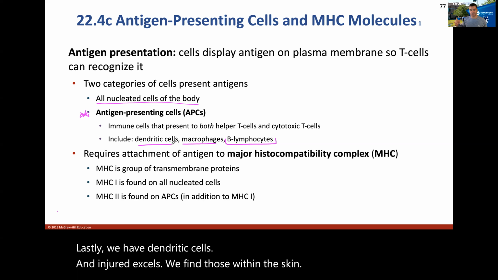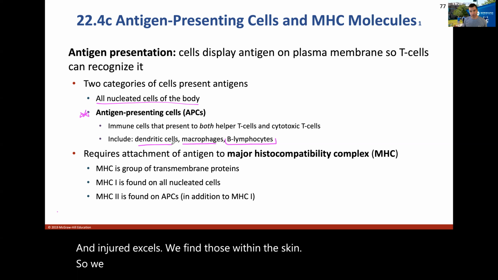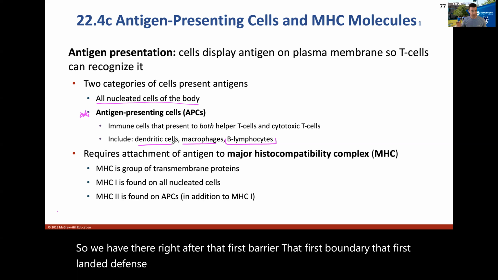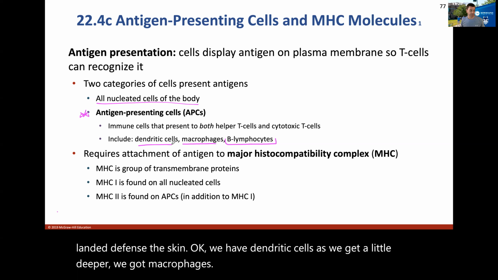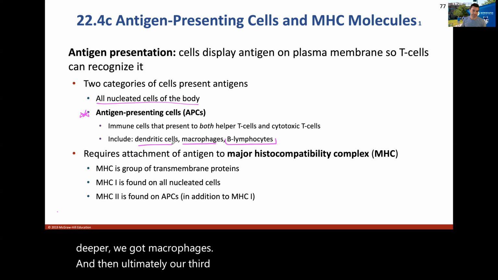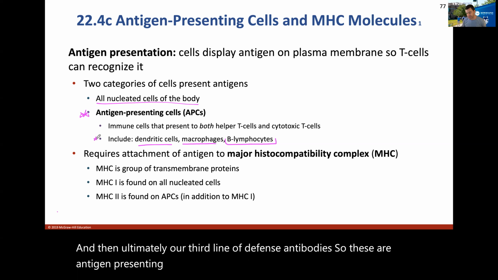So we have them right after that first barrier, that first line of defense, the skin. Okay, we have dendritic cells. As we get a little deeper, we got macrophages. And then ultimately our third line of defense, antibodies. So these are our antigen presenting cells: dendritic cells, macrophages, and our B lymphocytes.